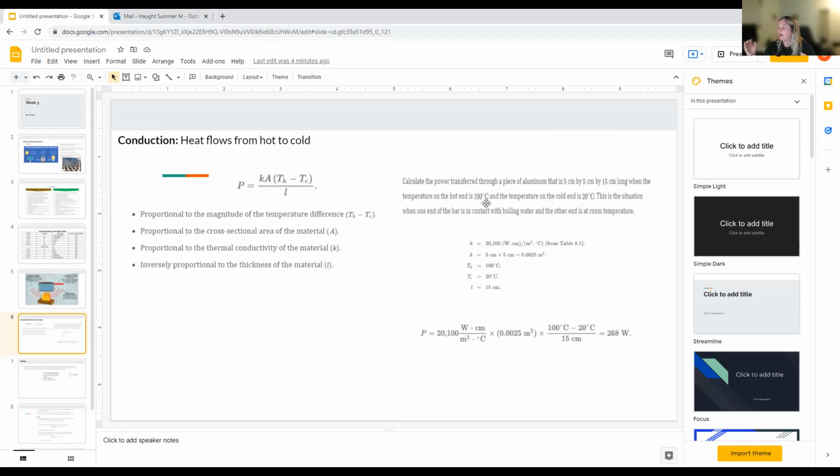So that's how this equation is related to conduction, and this equation is calculating that power transfer, that power density, so how that power is changing from the hot end to the cold end. It's using all these different parameters, and it makes sense that we have to consider how long that piece of aluminum is, how wide and how thick it is, and the temperature when it's in the water and the temperature when it's outside the water. So those are why all those pieces are part of it.